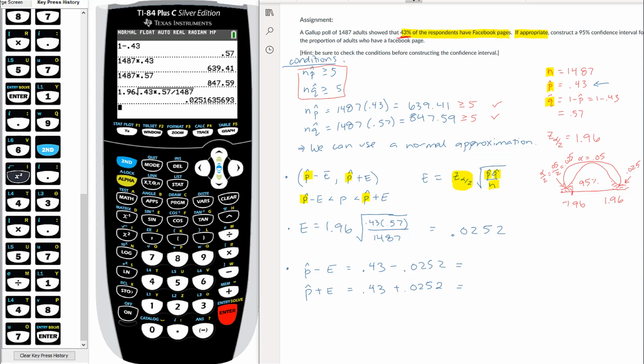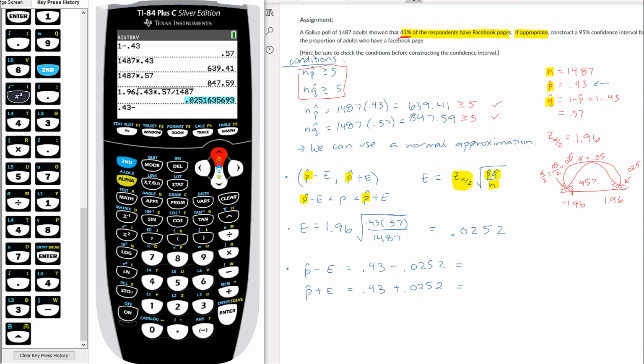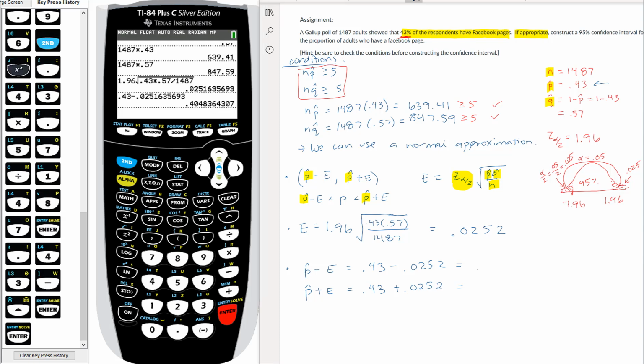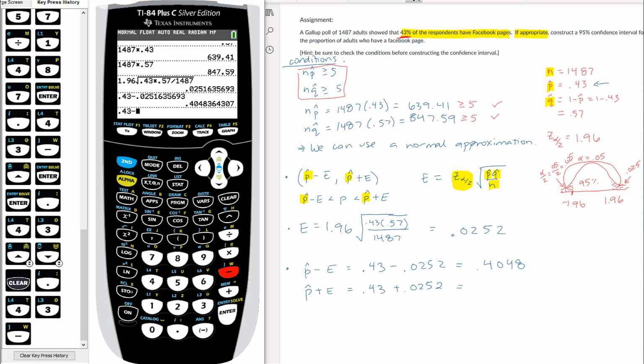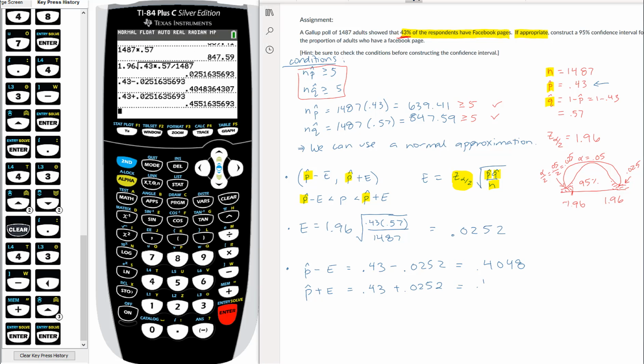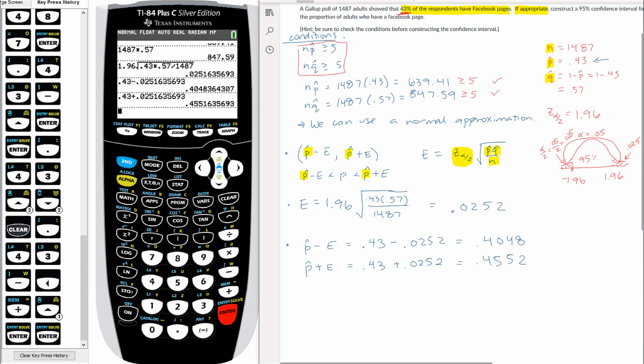So this is 0.43 minus, and we can scroll up to select the value that we need, and that's going to give us back 0.4048. Then if I do the same thing, we type in 0.43 plus, and then scroll up to the margin of error, hit enter, and then hit enter again. So we get 0.4552.